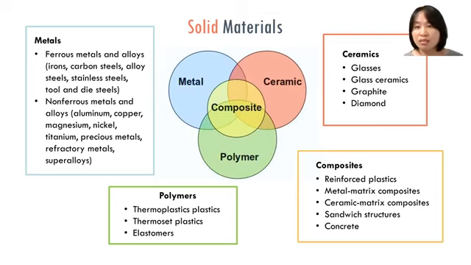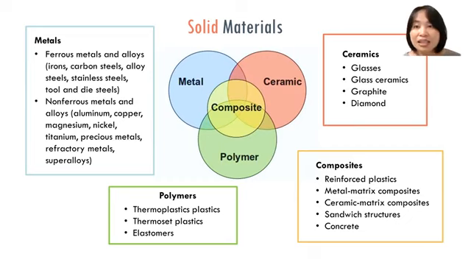So composite materials can be reinforced plastic, metal matrix composite, ceramic matrix composite, sandwich structure, concrete. This is just examples.